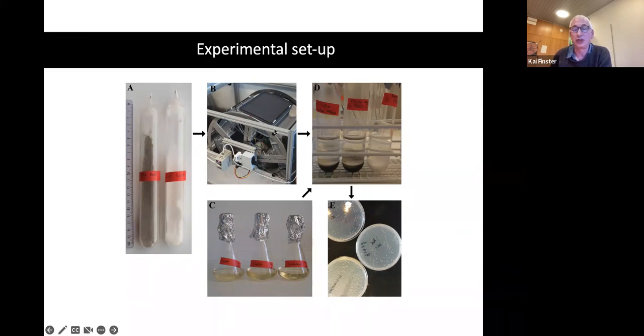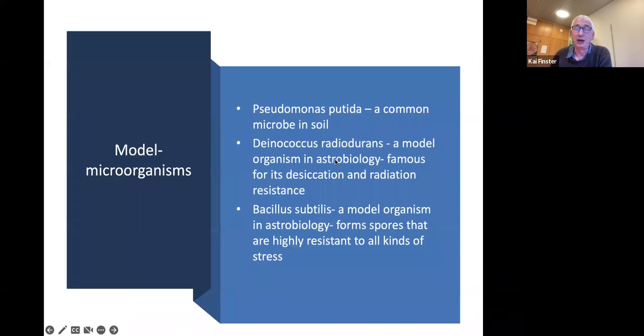Then we take our eroded material, as you see here, and add the microbes. We evaluate the survival by taking out the microbial suspension, plating it, and counting the colonies, multiplying by the dilution, and then we can get the total number of surviving bacterial cells in this situation.